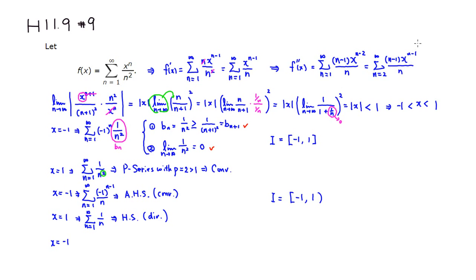Then when x equals -1, we get this series: summation n equals 2 to infinity, n minus 1, times -1 to the n minus 1, over n.